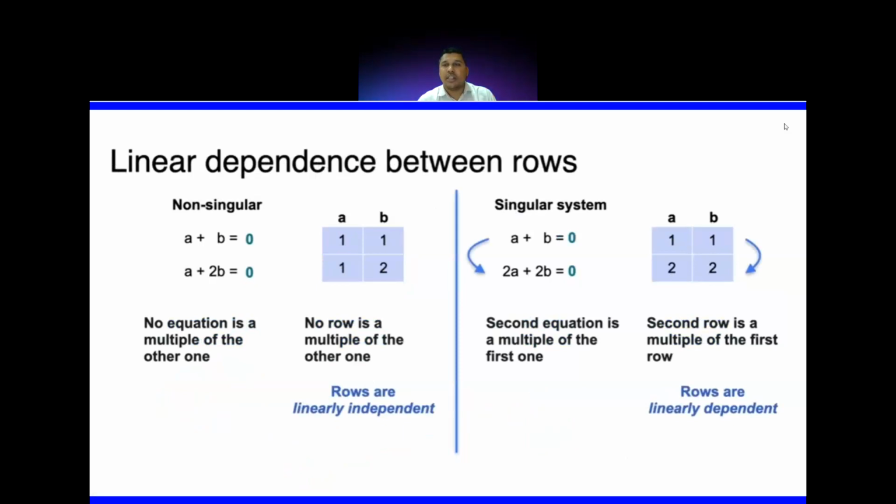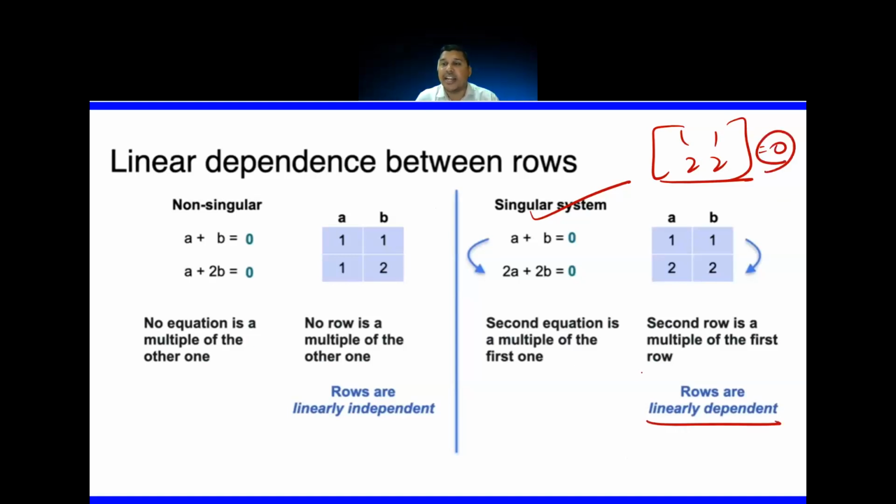So, linear dependency between rows. This is one more simple concept: linearly dependent or independent. Are the rows dependent or independent? See the second example first. If I convert that to matrix form here, I have a matrix like 1, 1, 2, 2. Multiple definitions I will talk about here. If you find the determinant of this matrix, AD minus BC, and that is 0, then it is called singular.